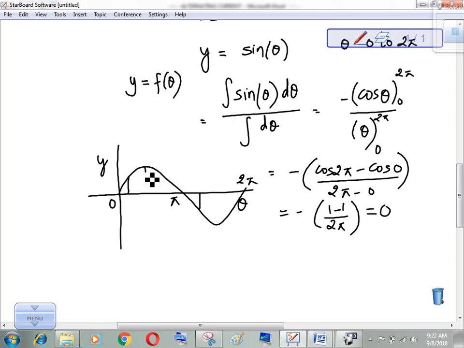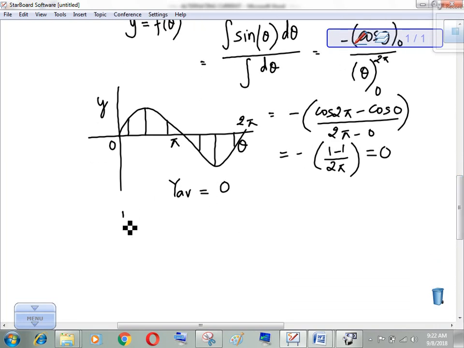If at this theta y is this much, at this theta y is equal but negative. That is the reason that for complete cycle of sine wave, the average value is 0. For complete cycle of sine or complete cycle of cos, the average value will be 0.